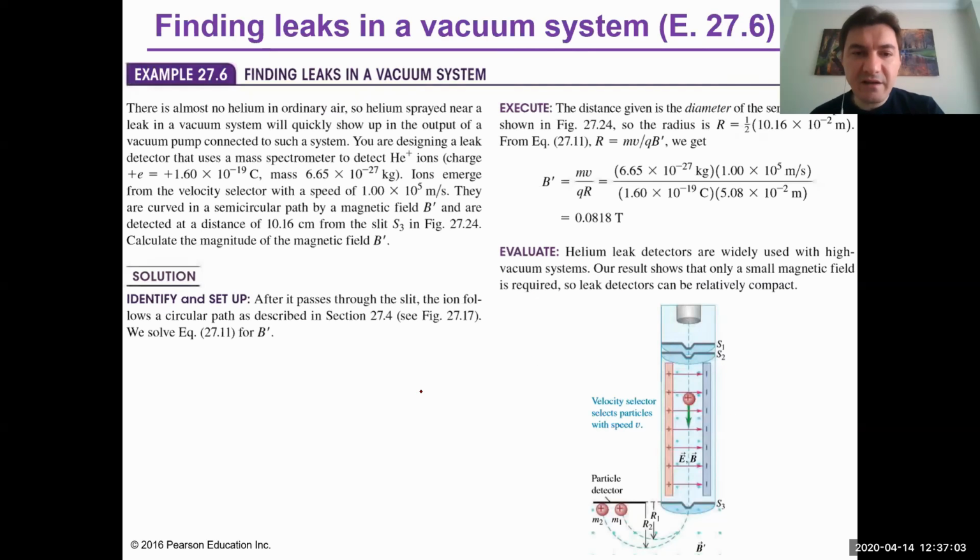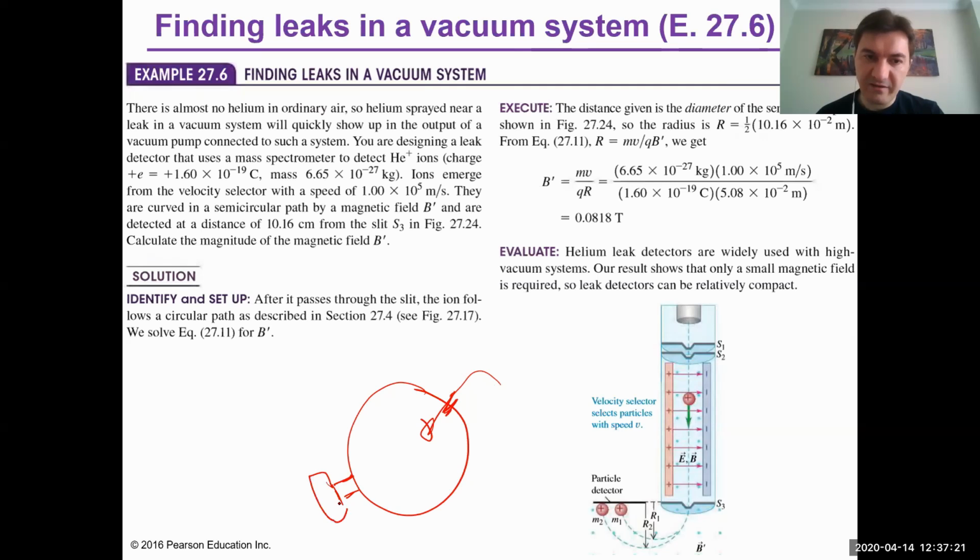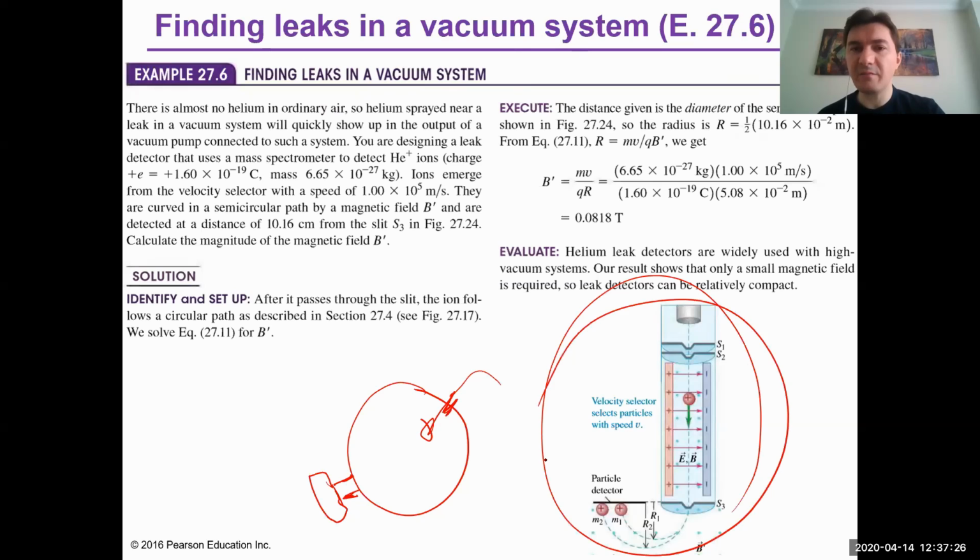Let's consider that here you have a vacuum chamber, okay? And there is a leak here, so air can enter into the chamber. But you don't want it and you would like to check it. So you can use a leak detector here. Let's consider that this is a leak detector. A leak detector contains a mass spectrometer. So we will talk about this.